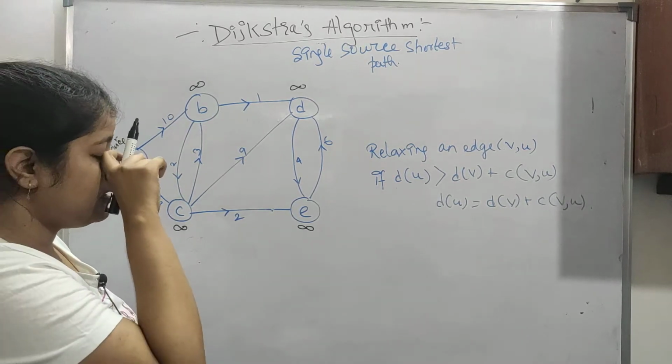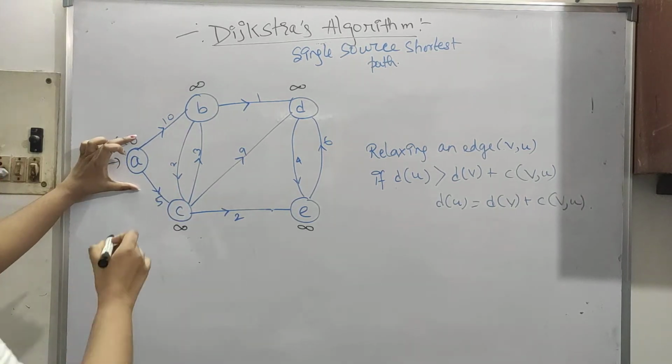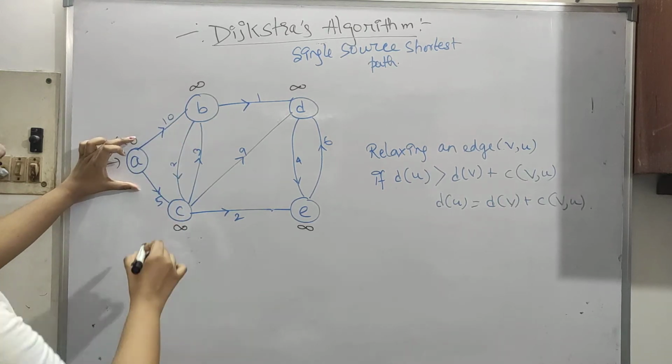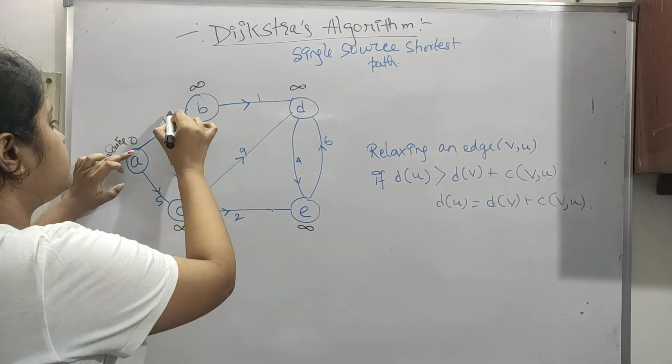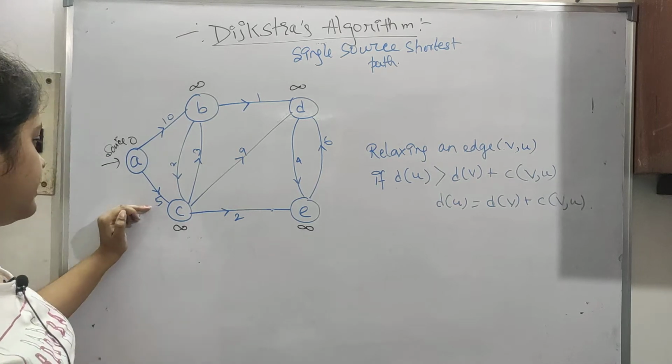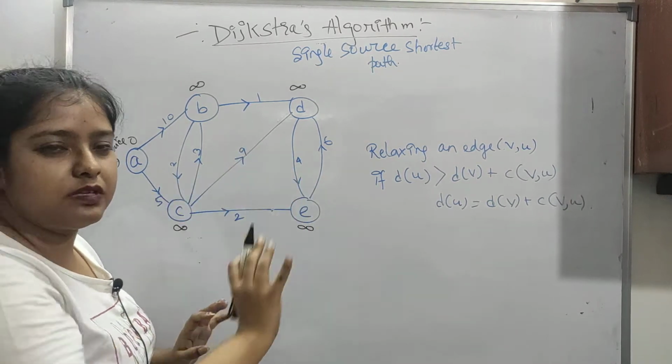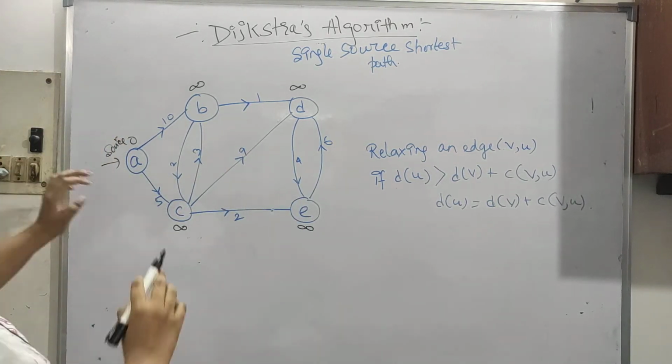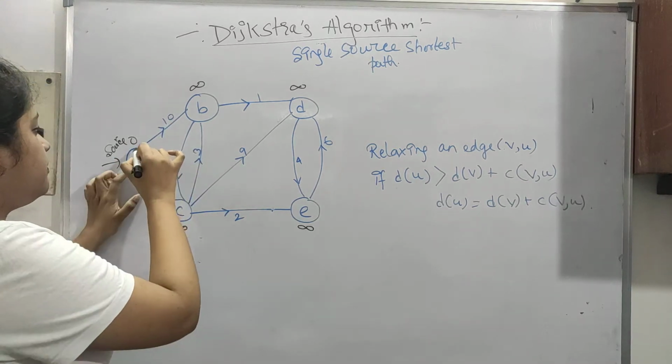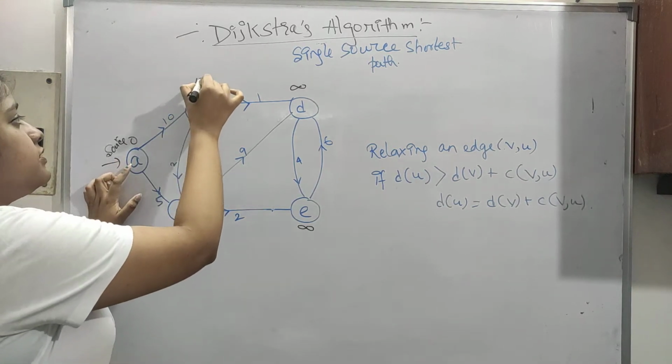Now the next step is to take each edge from the source. Here from A to B, don't think like Prim's and Kruskal's. Here from A to B it is now changing to 10.